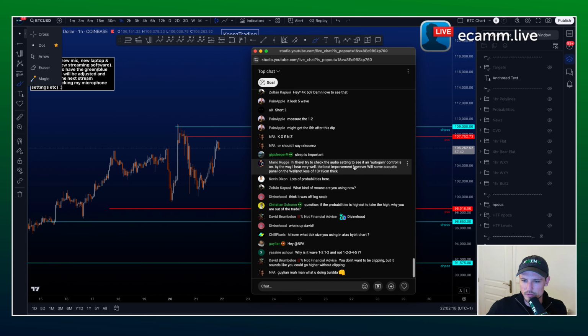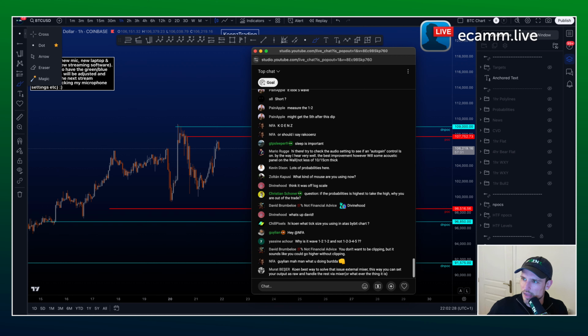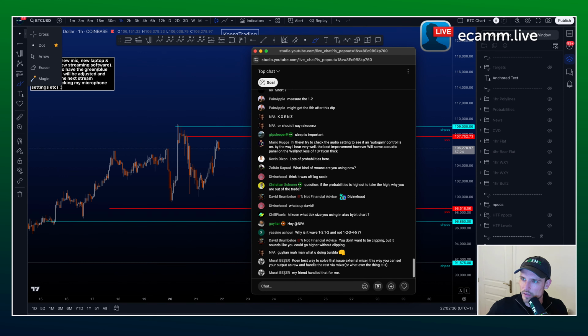Audio settings, see if an auto gain control is on. The thing with Ecamm Live is I actually can't really customize the volume that much. Probably have to check that afterwards. Oh wait, here, Ecamm Live. One second, I'm immediately checking.